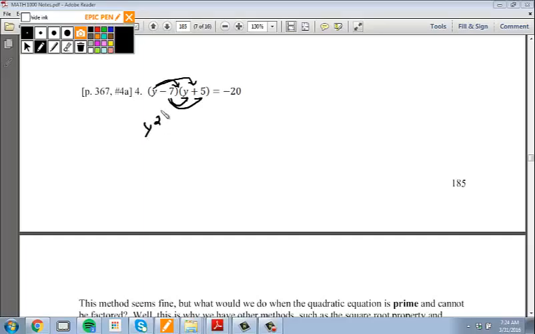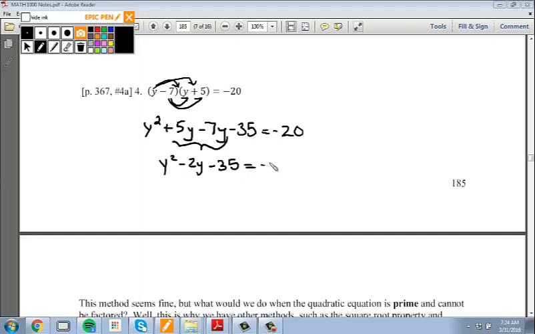Y times y is y squared, y times 5 is 5y, negative 7 times y is negative 7y, and negative 7 times 5 is negative 35, and that's equal to negative 20. Then combine the like terms. Y squared minus 2y minus 35 is negative 20. Add the 20 to each side. So y squared minus 2y minus 15 is equal to 0.